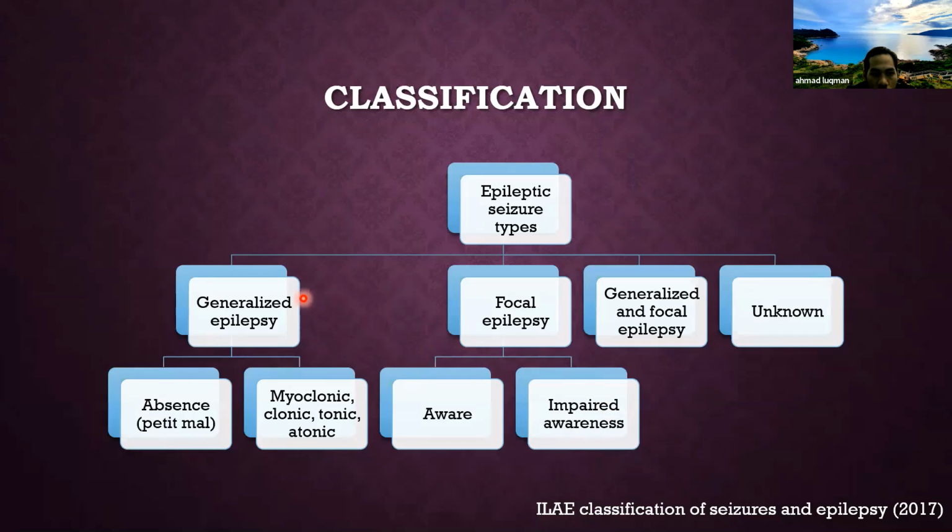Generalized can be further divided into small groups such as absence epilepsy, myoclonic, tonic, or atonic, which I will further explain in the presentation. Focal epilepsy, we can divide into whether it will affect the awareness or the patient remains aware.